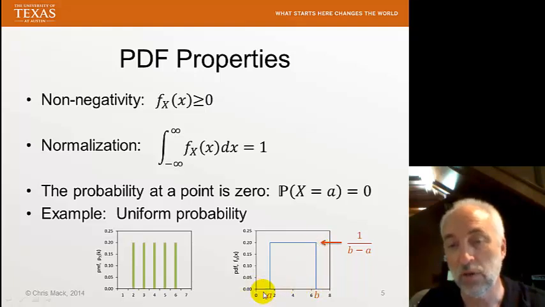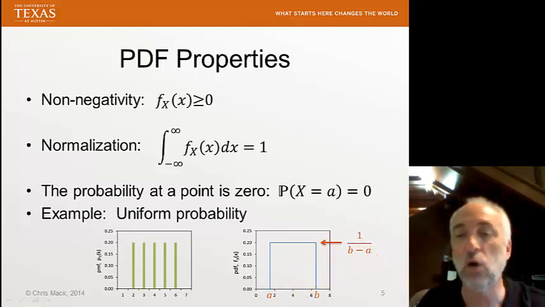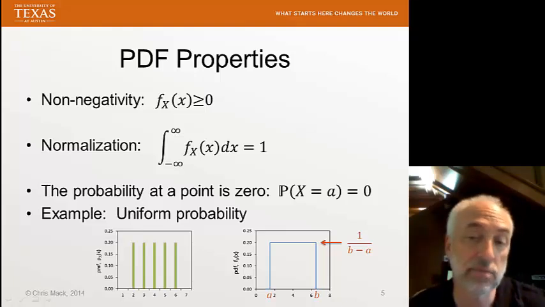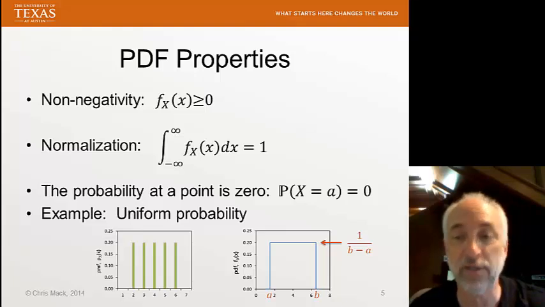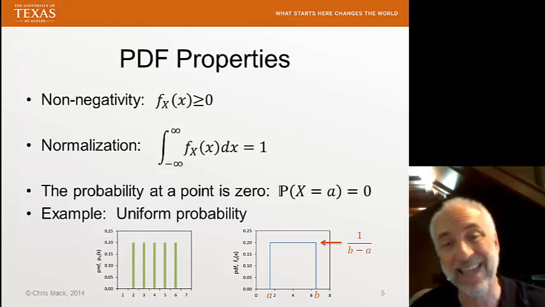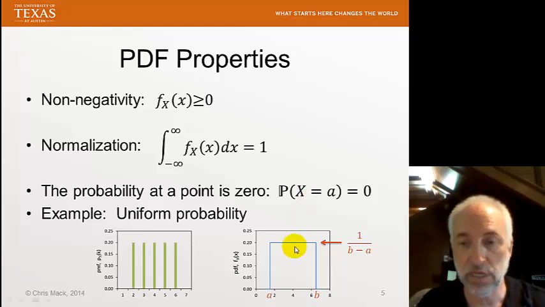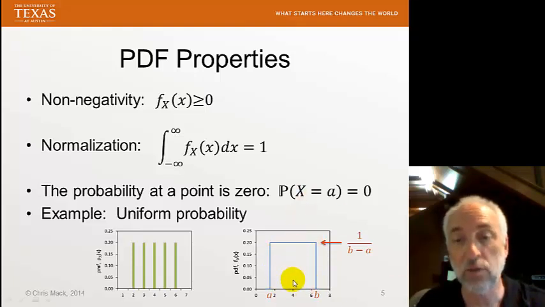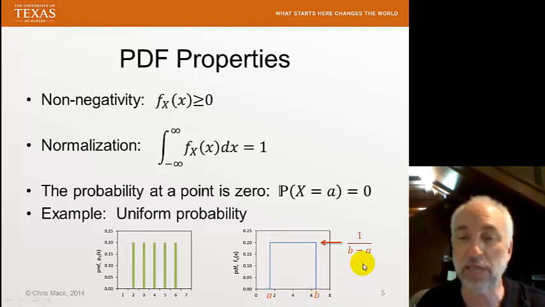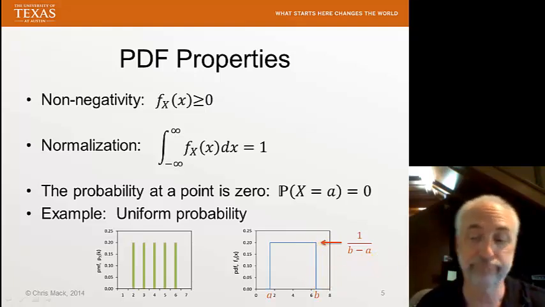It's 0 outside of A and B, and within the range from A to B, it must have a value of 1 over B minus A. How do I know that's true? Well, the normalization property requires that to be true. Recall that the area underneath this curve for all values must be 1, and the only way for the area of this rectangle to be 1, since it goes from A to B along the x-axis, is to have a y-axis height of 1 over B minus A.